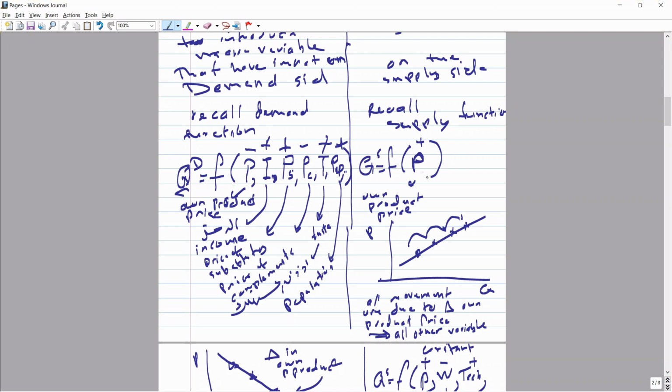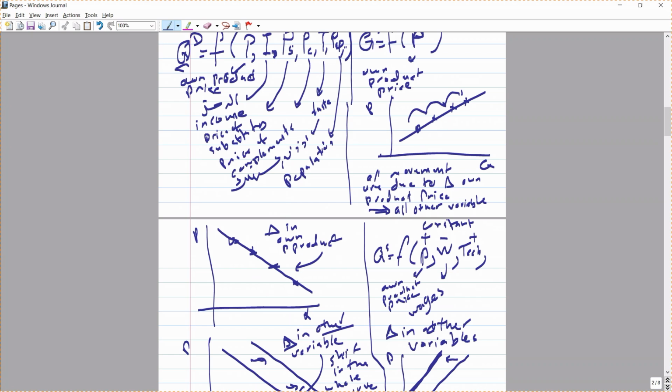This is also true on the supply side. So on the supply side, it is not only the own price of the product that has impact on the quantity supplied, but there are other variables like wages and technology.